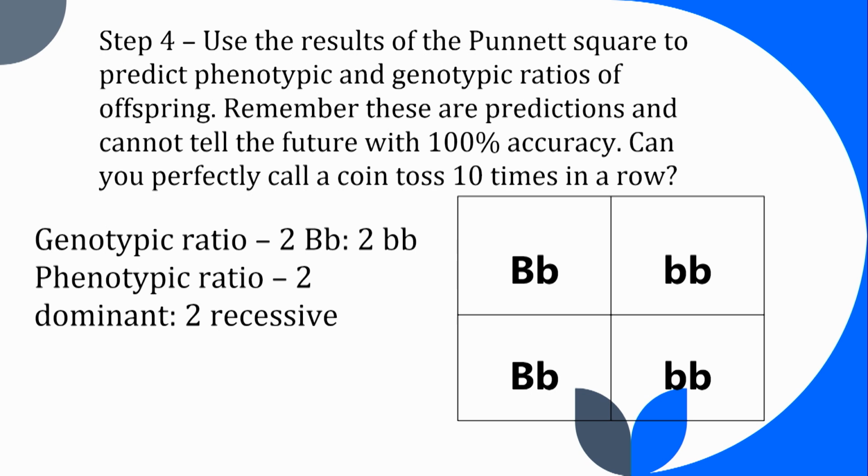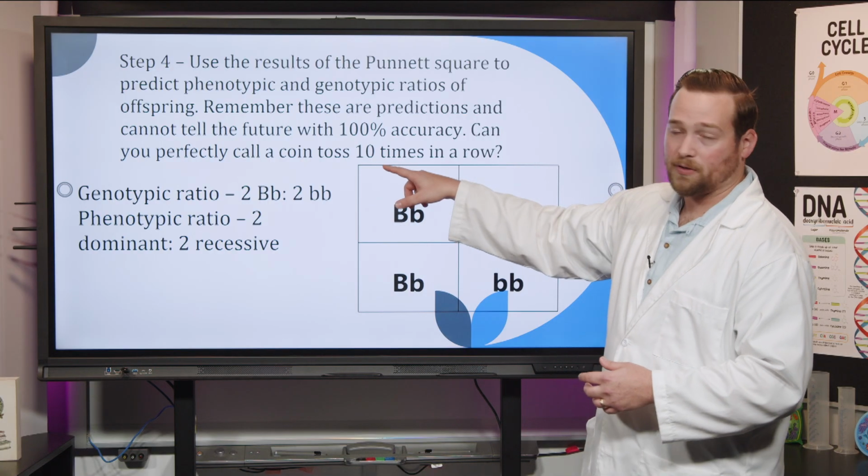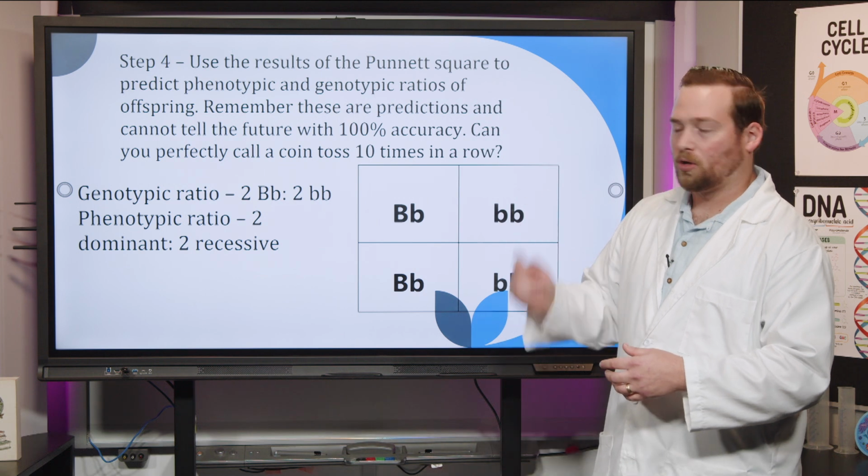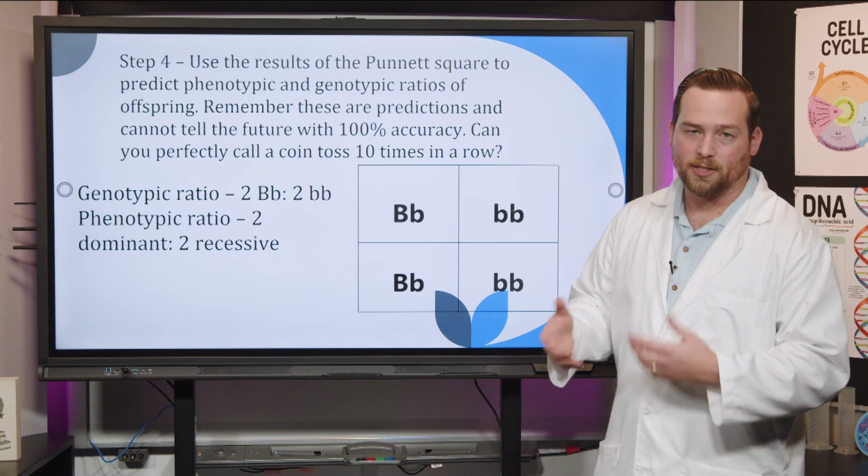Basically what's going on here is with this specific cross, there's a 50-50 chance that you'll get one of these 2 genotypes. You might get the heterozygous, you might get the homozygous recessive. Because 2 boxes have the big B, little b, and 2 boxes have the little b, it's a 50-50 shot, okay? An example of this is just think about that. This is a 50-50 shot, right? But flipping a coin is 50-50 too. And you can't call a head flip tossing a coin 10 times in a row.